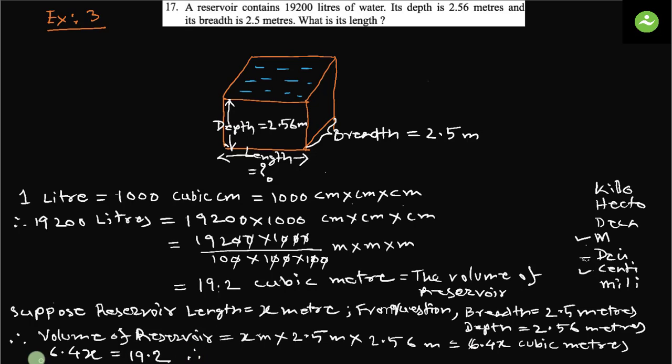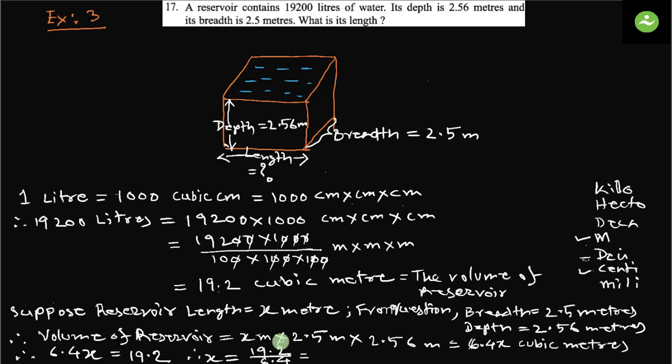Therefore x equals 19.2 divided by 6.4. This is 192 and this is 64.